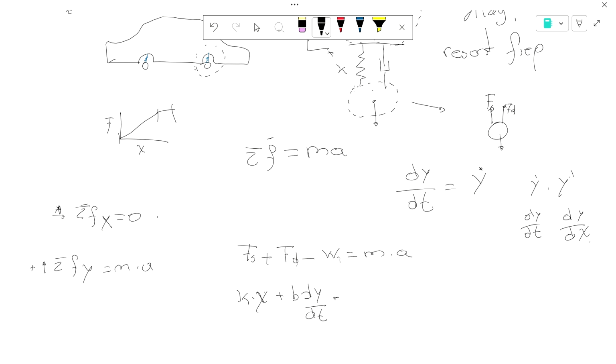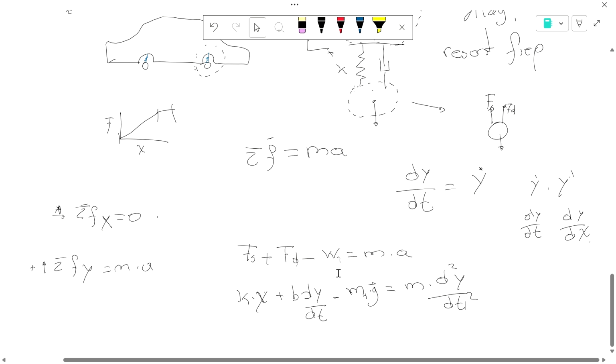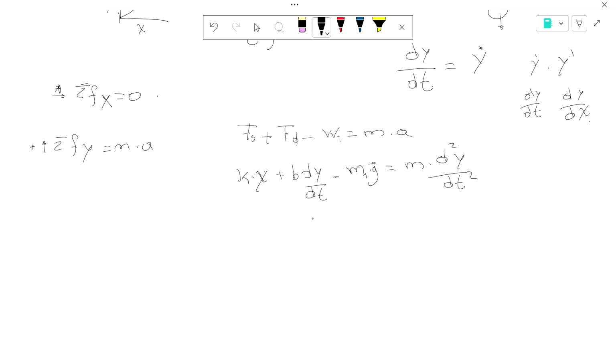And this is minus the weight of the tire, so m tire times gravity, which is an acceleration, remember, is equal to mass times acceleration. The mass of the tire times acceleration, so we're going to have d squared y over dt squared. All right, so another way of showing this is, let's bring things to the right hand side.